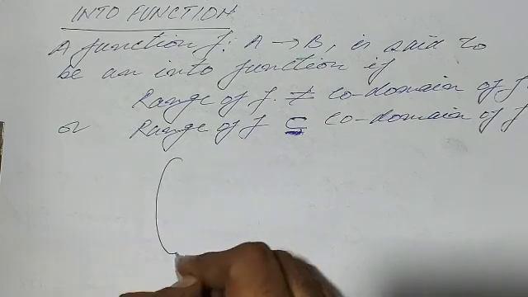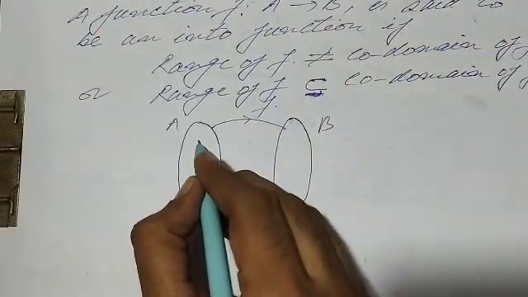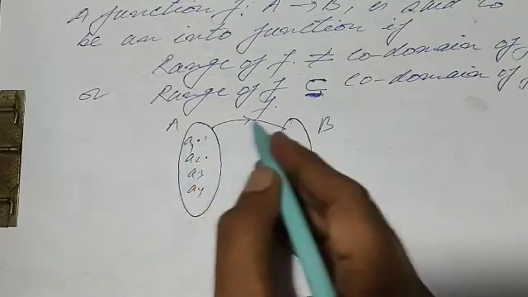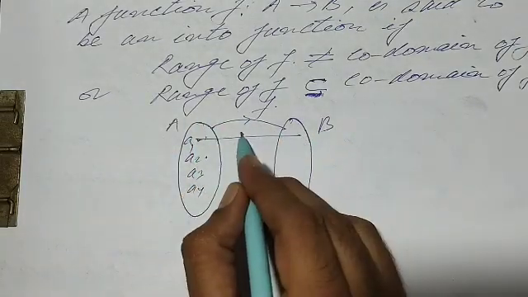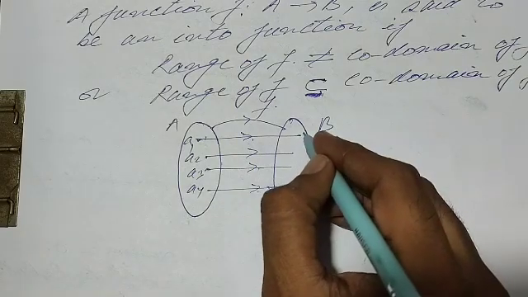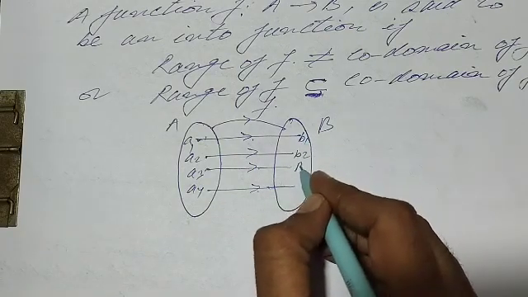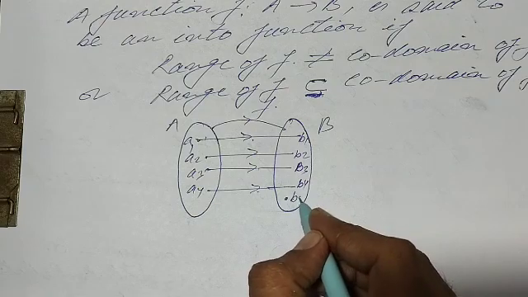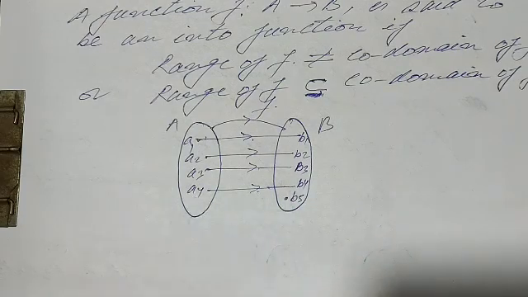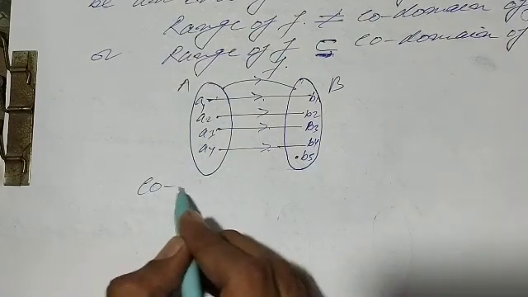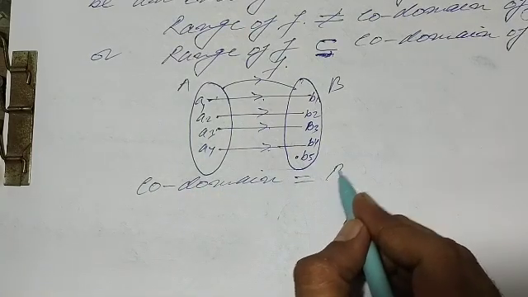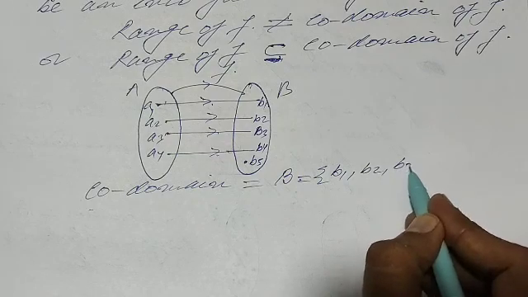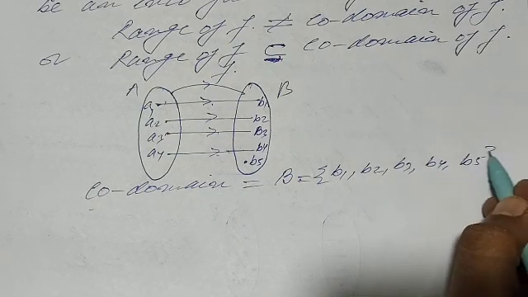For example, say A1, A2, A3 and A4 are four elements in the domain which have images in the codomain as B1, B2, B3 and B4, and there is at least one element B5 which has no pre-image in domain A. So obviously here the codomain is the set B as a whole which has 5 elements B1, B2, B3, B4 and B5.